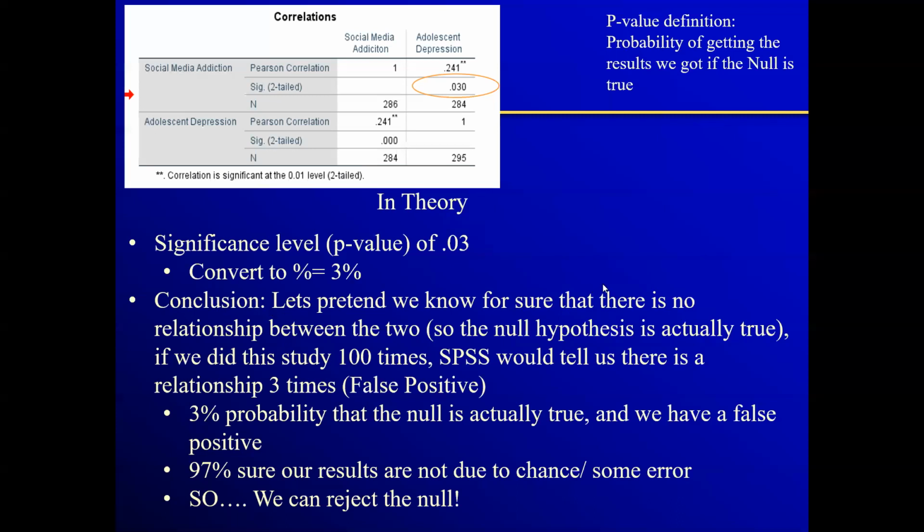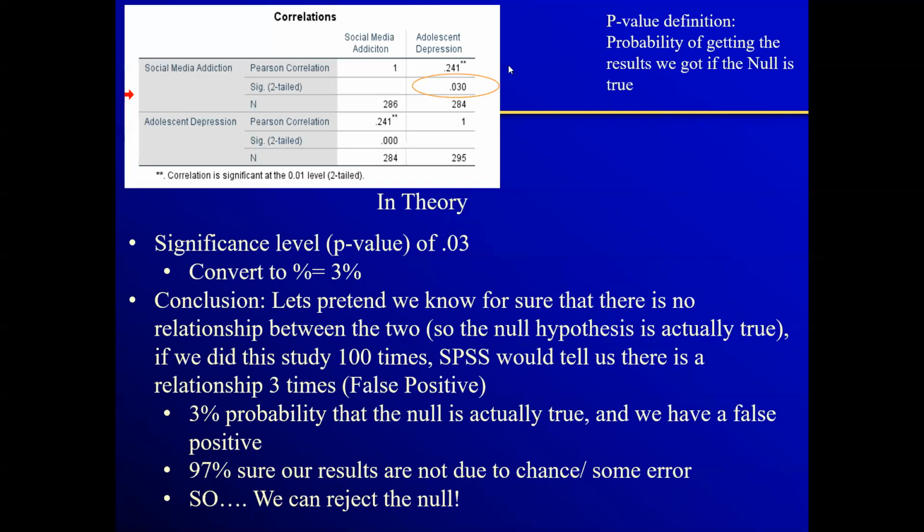So let's pretend that we are a God, and we are all knowing. And we know for a fact that social media addiction is not related to depression. We know that the null is absolutely true.